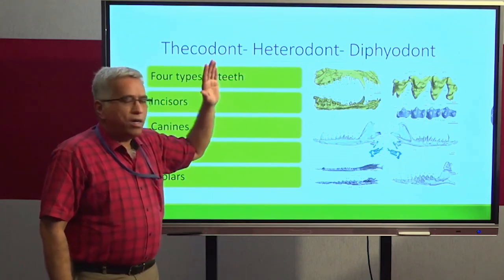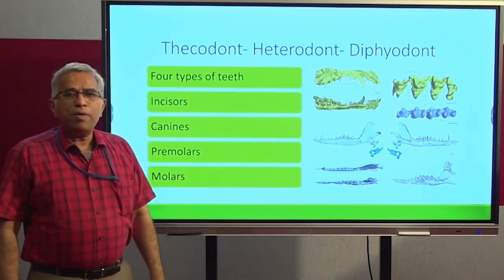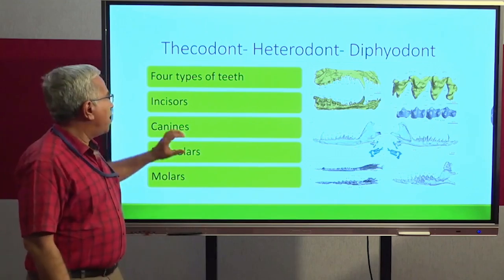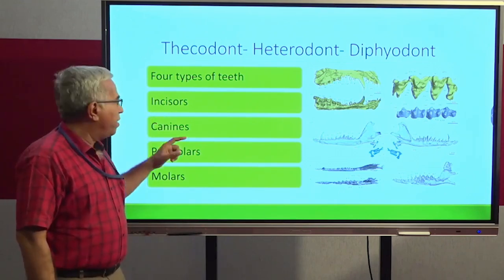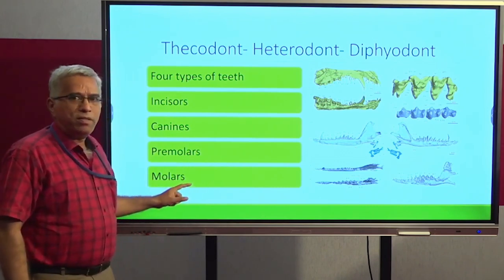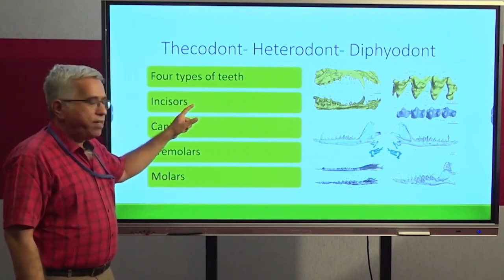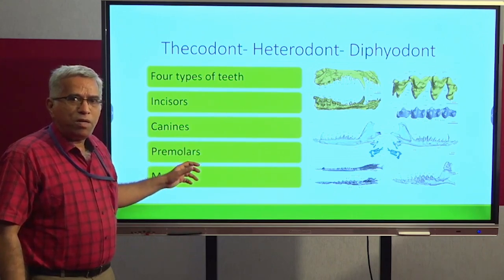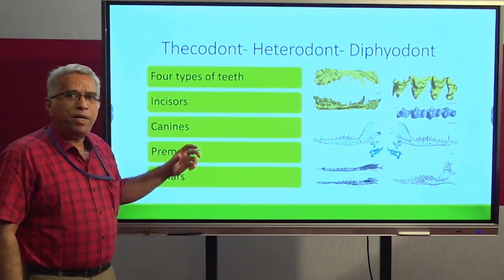Coming to the heterodont dentition, the mammals' oral cavity contains 4 types of teeth, as I explained here: incisors, canines, premolars, and molars. Incisors are useful for biting, canines are useful for tearing the meat, premolars and molars are useful for chewing the material.